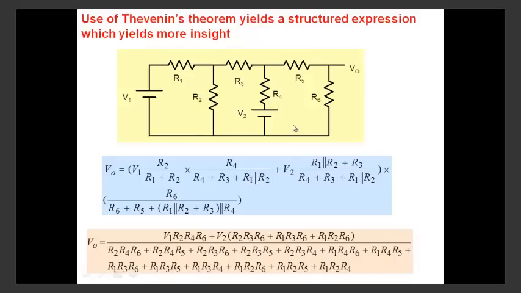If there is an R1 in parallel with R2, it does show up in this expression here. Of course, I can expand this out and end up with something as complicated as that, but that defeats the purpose. So once you do a Thevenin's or a Norton's, you end up with a structured expression which perhaps yields more insight than this particular expression. That's the other benefit you get by applying Thevenin's theorem here.